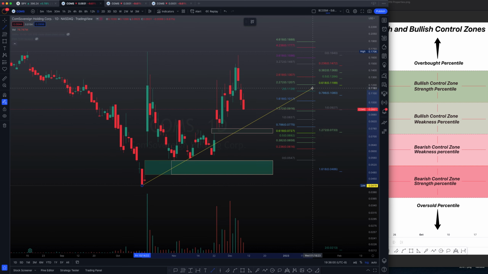Let me just make sure that I am drawing this correctly. I know this is very discretionary, but I would like to catch the precision here for you guys.